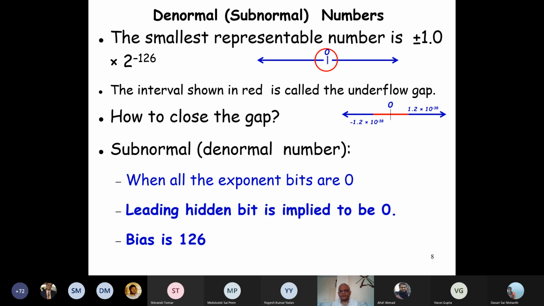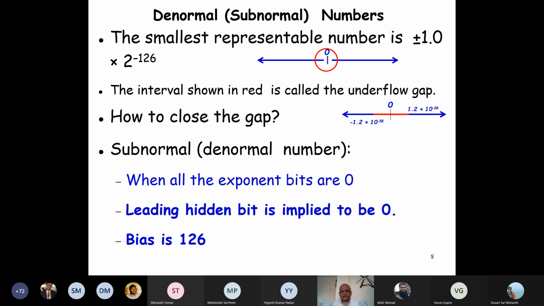I just request you to compute the distance between two points on this blue line and the distance of the interval of the red line. You will see that it is much larger than this. But how much larger? Request you to compute. And the purpose of the denormal numbers is to close this gap.